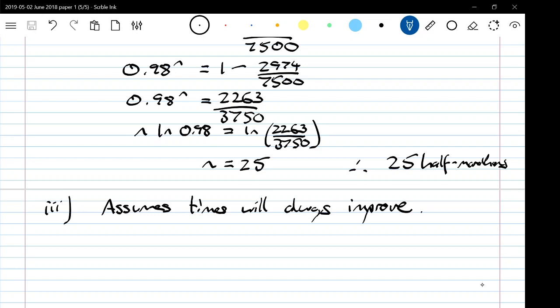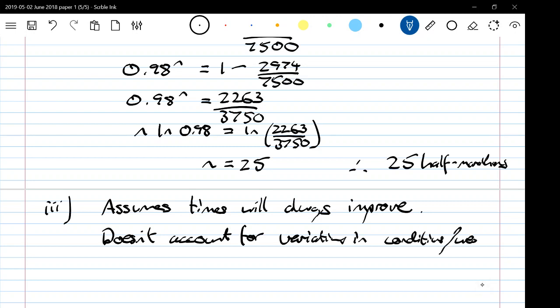So it doesn't take into account variations in conditions, weather, injuries, any of those kind of things, different places where he's running, terrain.